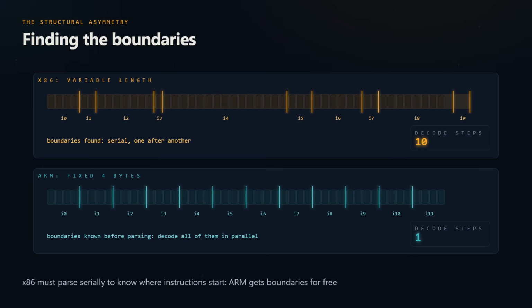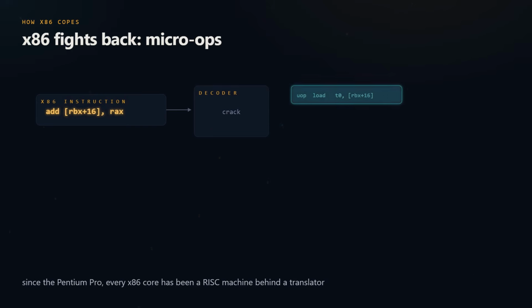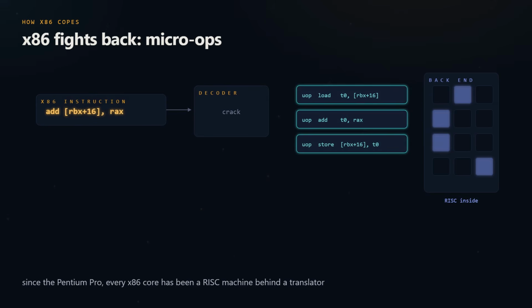Finding where instruction 5 starts means chewing through instructions 1 to 4 first. The work is inherently serial. Real x86 decoders attack this with brute force, speculatively decoding at many offsets at once, and brute force costs transistors and watts.